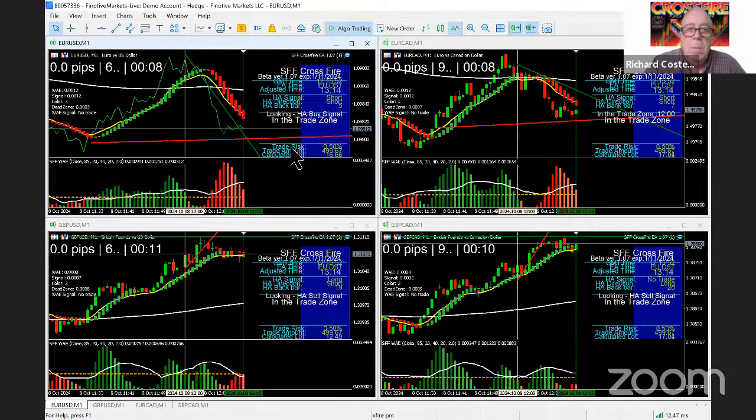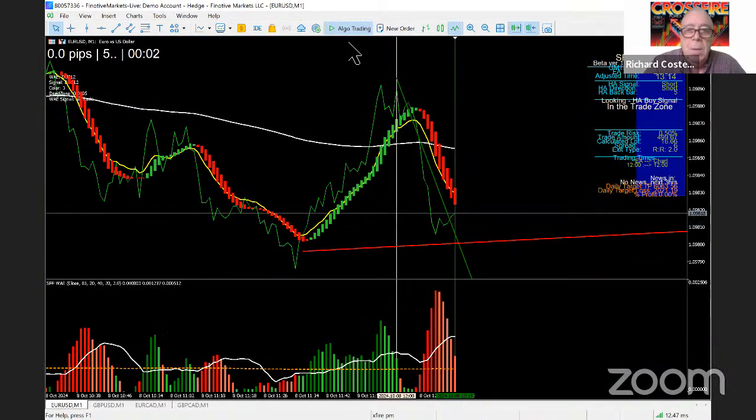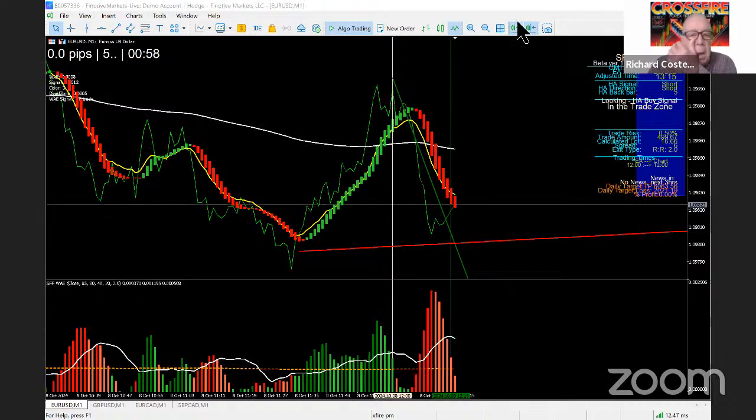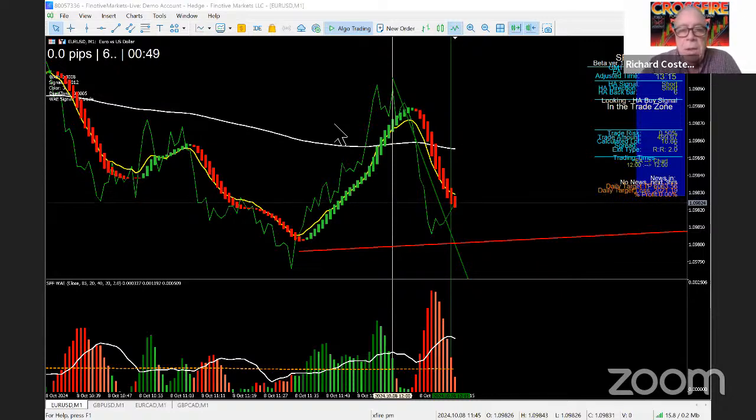So I'm going to make this bigger. I'm going to move that out of the way. If I can just move it up there. There we go. So we've now got the trend lines, and that's been done automatically by the trading assistant.